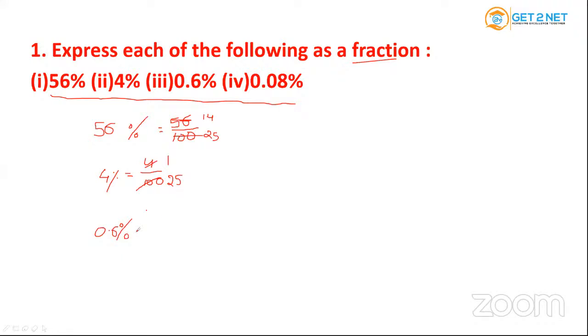Ma'am, 0.6 by 100. Okay, let me do it your way. 0.6 divided by 100. Then 6 upon 1000. No. Krishna, say. Ma'am, 0.6 divided by 10, whole divided by 100. Okay, let me write.